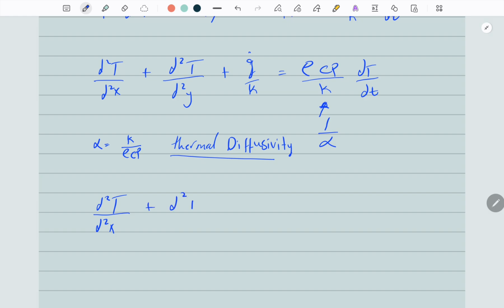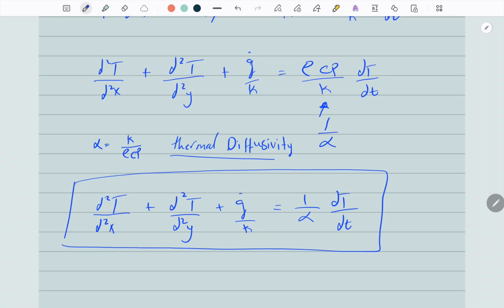Plus second differential of y plus q over k equals 1 over thermal diffusivity times dT over dt, and that is your heat diffusion equation for conduction.